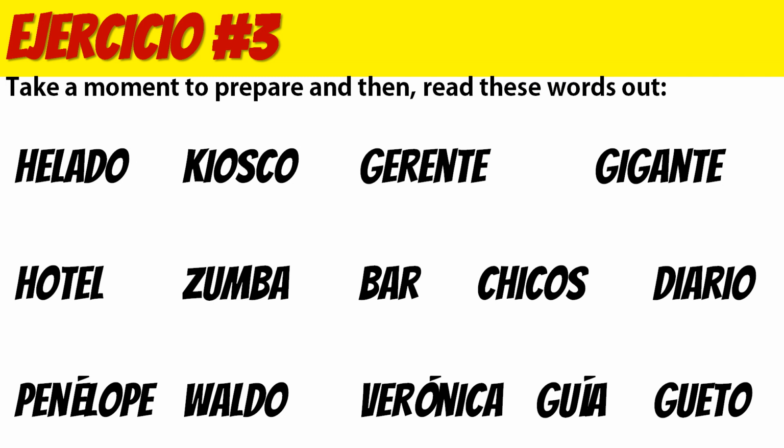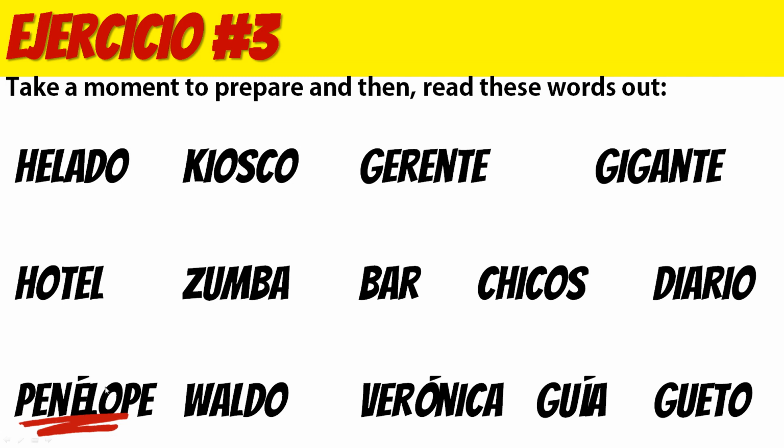Ready? Okay, so I'll show you the word, say it out loud, and then listen to me and check whether what you said was right or not. Bar. Kiosco. Penélope.